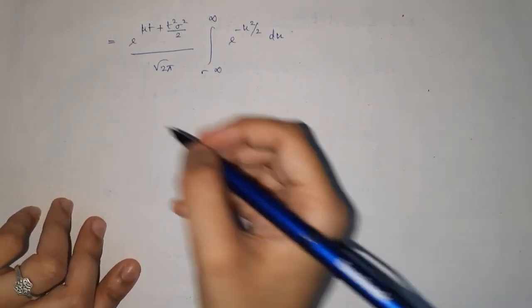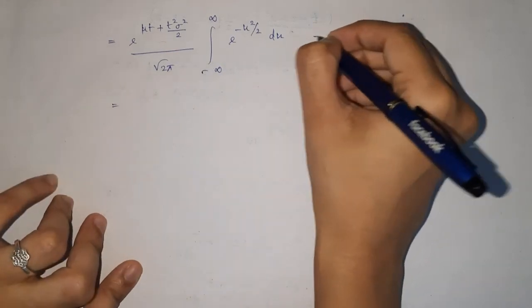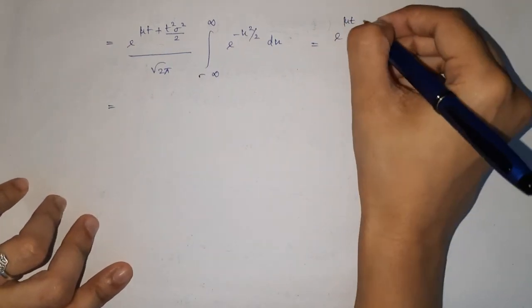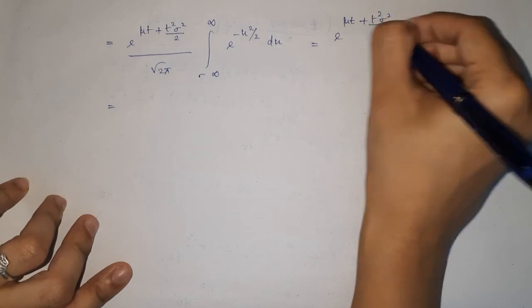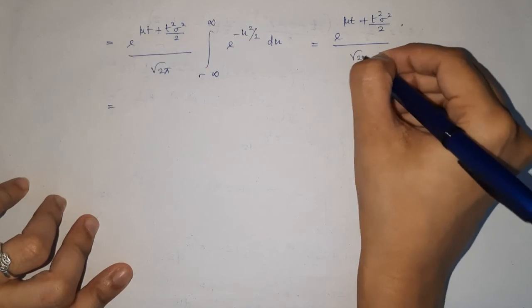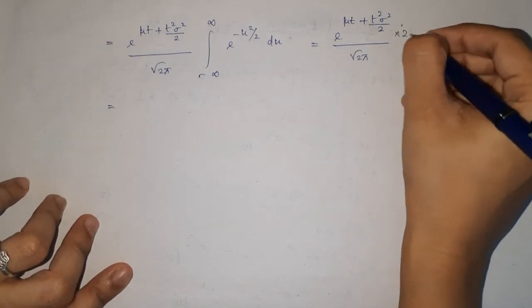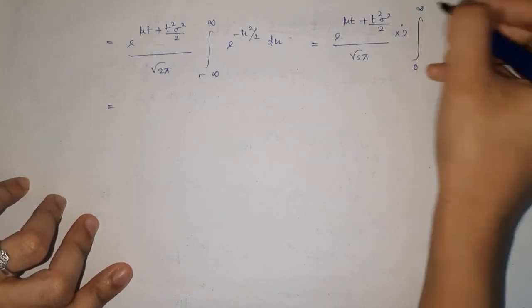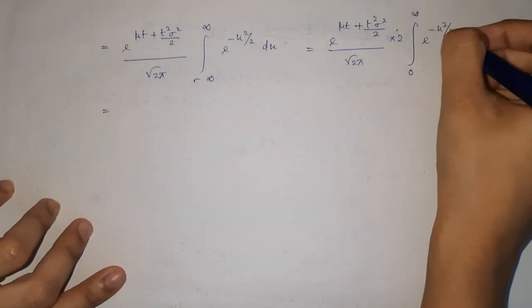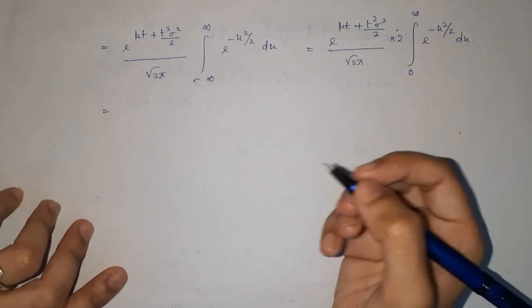Now we can write it as e raised to mu t plus t square sigma square divided by 2, divided by root 2 pi, into 2 into integral 0 to infinity e raised to minus u square divided by 2 du. Why?